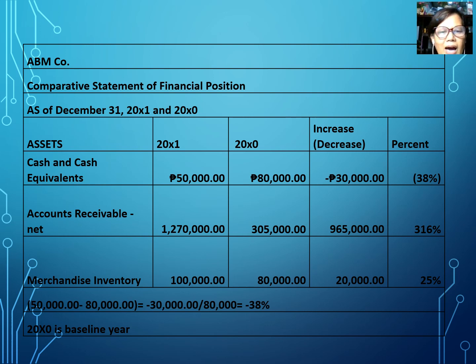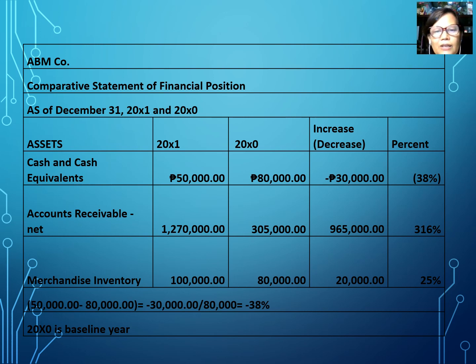Now, how about accounts receivable? Why should accounts receivable be netted? Because there is a contra asset account of allowance for doubtful accounts. So, there is a provision for doubtful accounts, and it should be netted. In 20x1, it is 1,270,000.